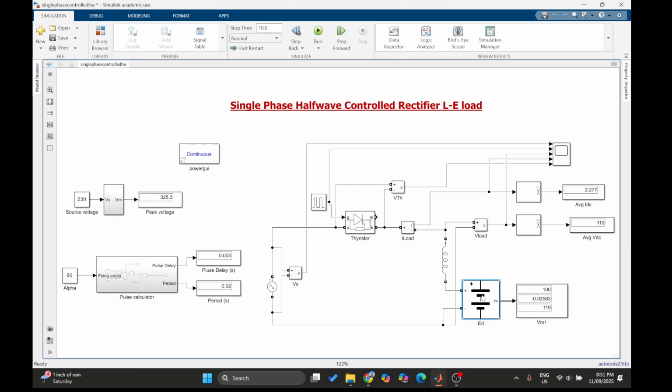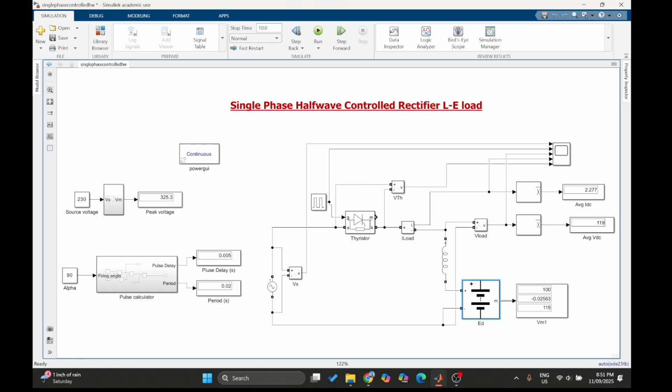My average DC voltage is 119 volt, and I am also getting an average DC current of 119. That is the effect of having a battery. Effect number 1 of having a battery, or this back EMF. In case of a motor, it represents the armature.